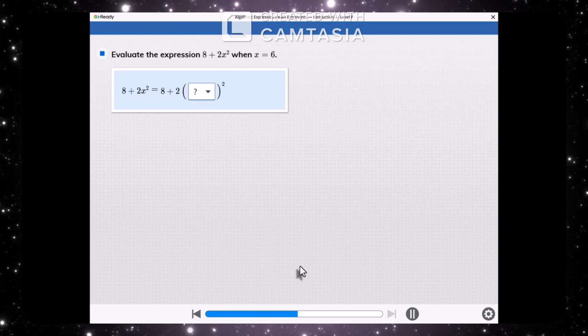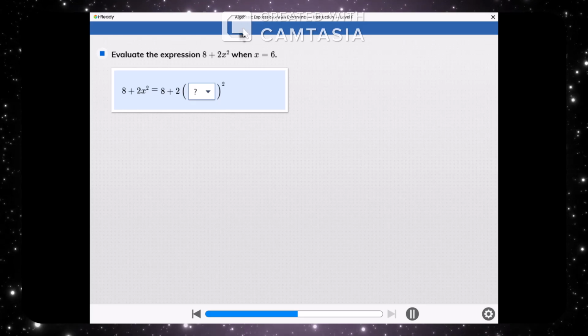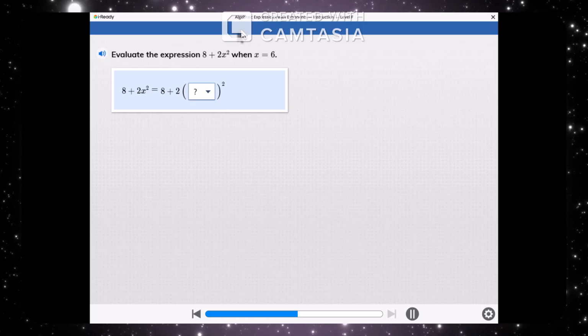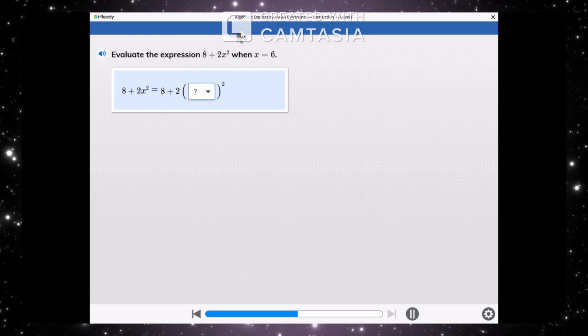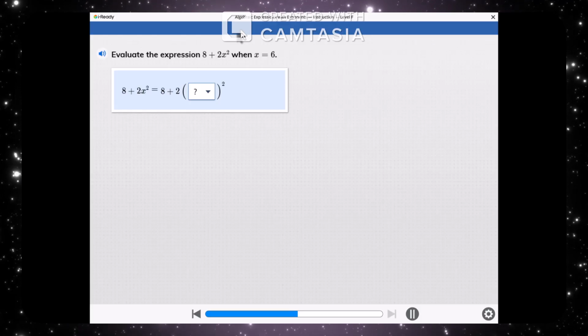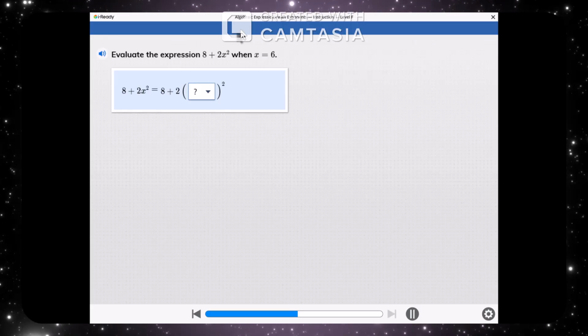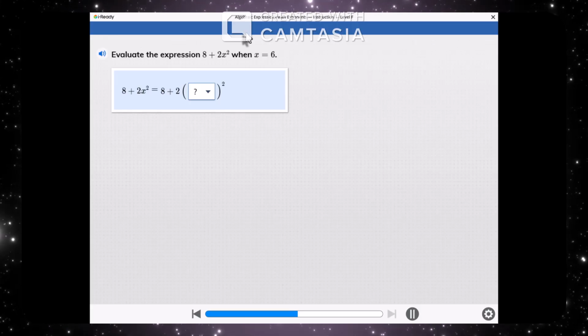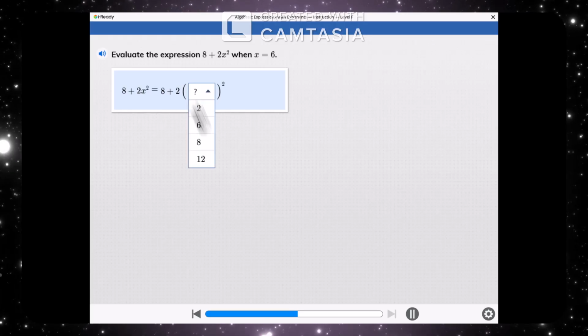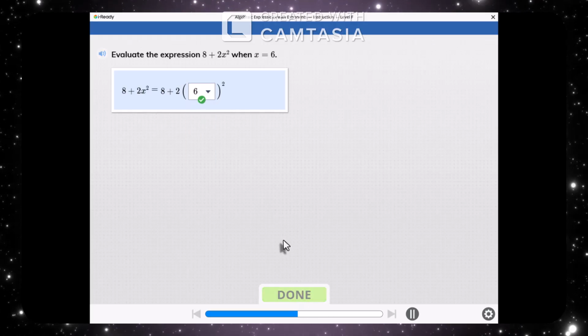Evaluate the expression 8 plus 2x squared when x equals 6. Okay, 8 plus 2 times x squared. If x equals 6, it's going to be 6 squared, which is 36.